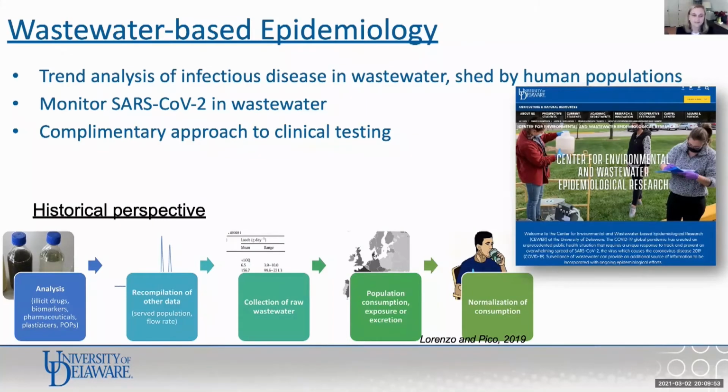If you look at this infographic here on the bottom, you can see that we really have been using this type of epidemiological approach for some time, using it for various analysis, using that in comparison to other types of data. And then a lot of methods development has gone into all of these different studies that we're going to look at today when we think about people's use of collection and identification of the viruses or different chemicals, such as those that are shown here on this slide.